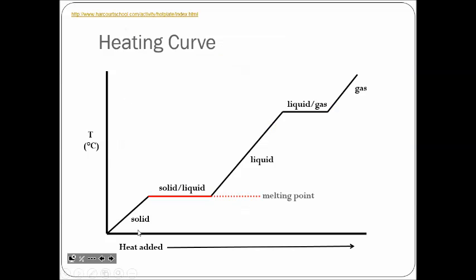All right, a few other things to note. If you know your curve here, you can always go over from the plateau to figure out the melting point. The melting point and freezing point are the same value. For water, it's 0 degrees Celsius. You can also find the boiling point, which is also going to be the condensation point.